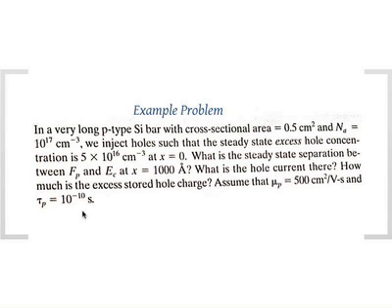If you know LP, you know how much excess carriers exist 1000 angstroms away from the boundary. Then you add it to the total, you get the total concentration of holes at that location. Once you have that, you can plug it in here and solve for the Fermi level. This you also know, like the silicon level. In the text, they do it in a slightly different way, but it's the same logic.